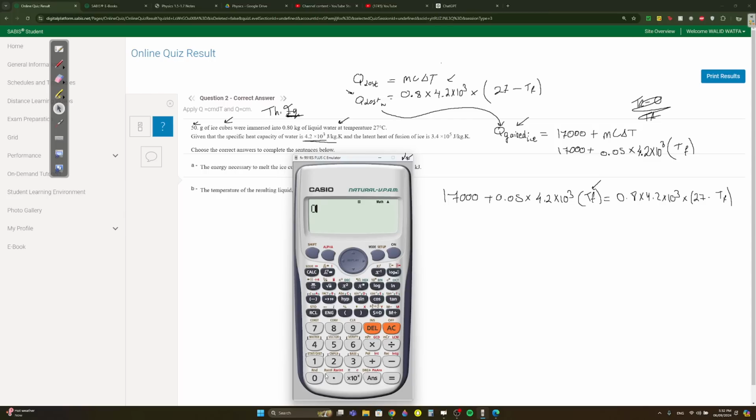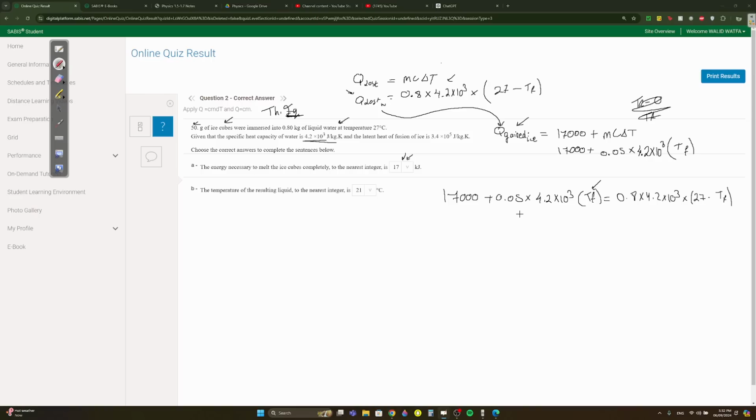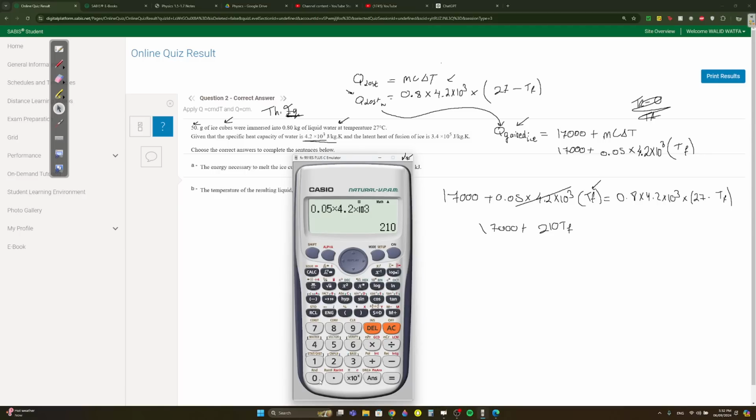Okay, you're gonna get 0.05 times 4.2 times 10 to the power of 3. You're gonna get 210 here, so you can cancel this, get 210 TF, and then you have 17,000 over here. Okay, then 0.8 times 4.2 times 10 to the power of 3 is 3360.